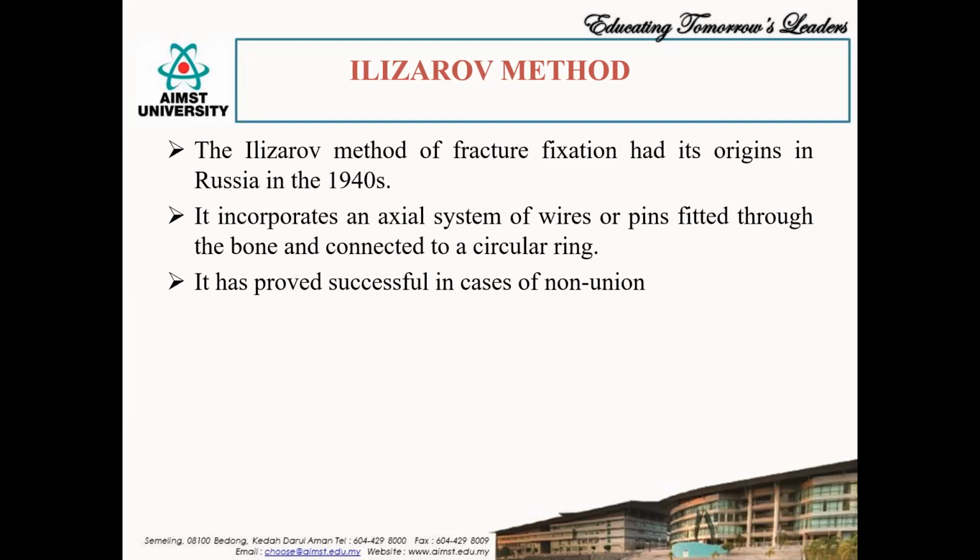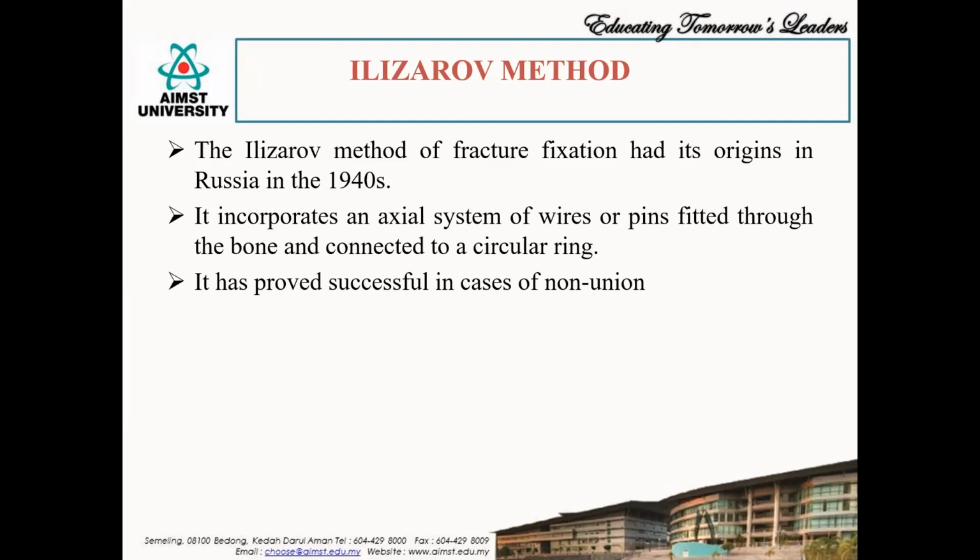So the advantage is that the wires or pins are connected through circular rings. For non-union cases, if it is severe, like after 6 months the fracture is not healing properly or not healed, we can go for this method. It's excellent for non-union, severe soft tissue damage, or shortening.